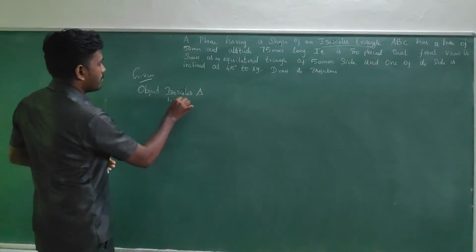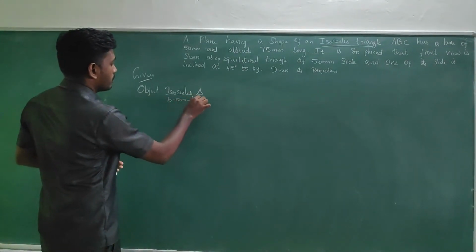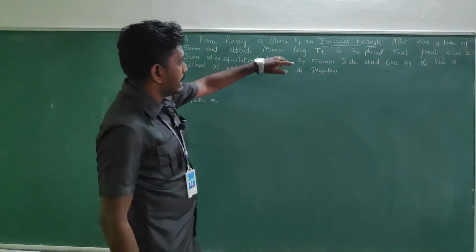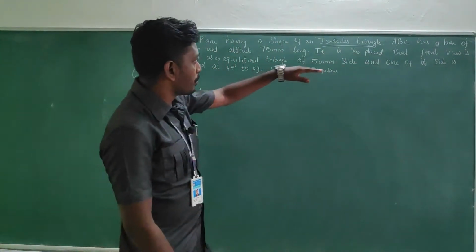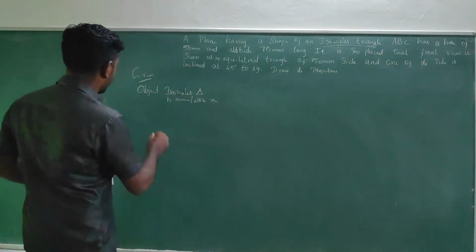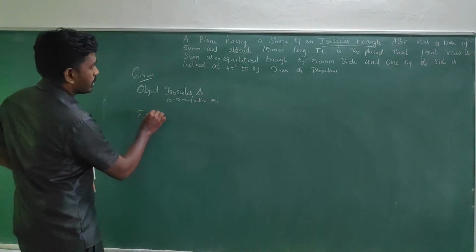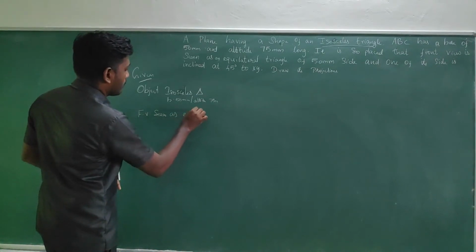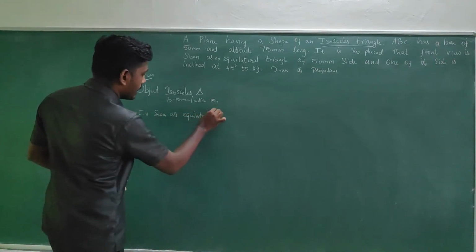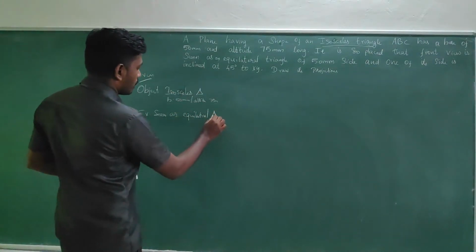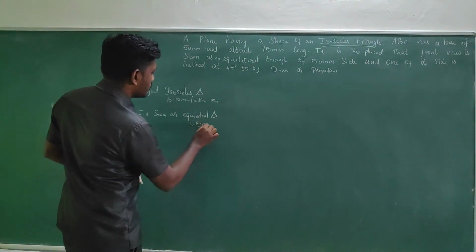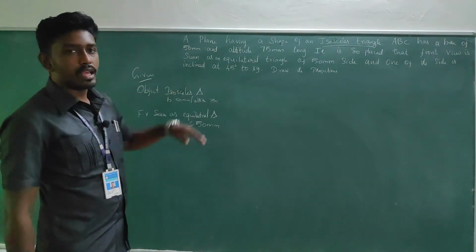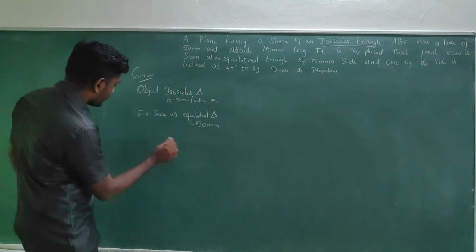Base is 50 mm and altitude is 75 mm, and it is so placed such that the front view is seen as an equilateral triangle of side 50 mm. And one of the sides is inclined at 45 degrees to HP.